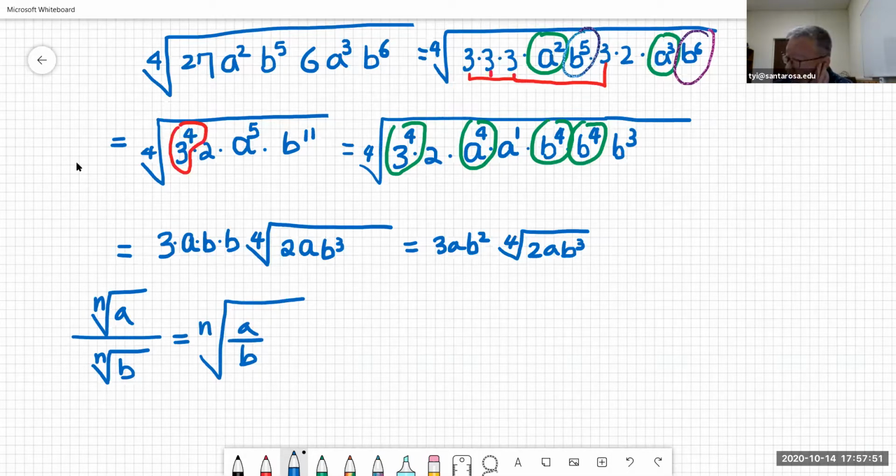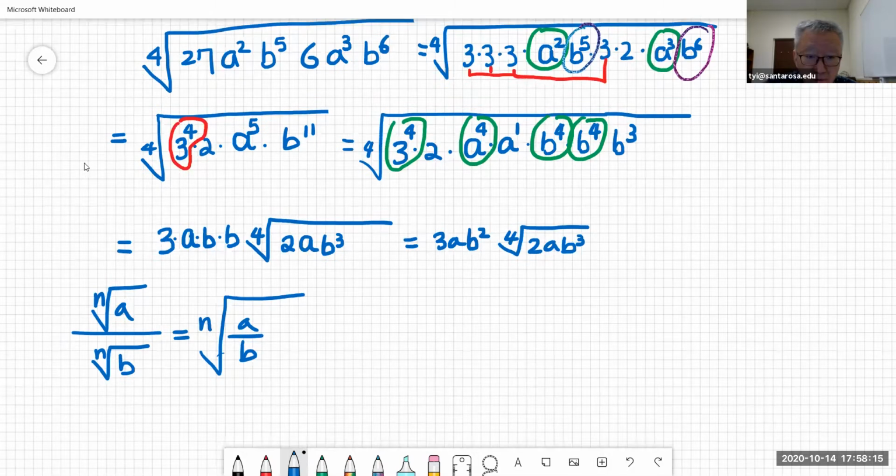So this is another way that you can combine some of these terms. And if I have two separate radicals on top to bottom, but I want to simplify them, you can just put them into one radical and just take care of that without having any problems there. Okay, so let me do one of these.